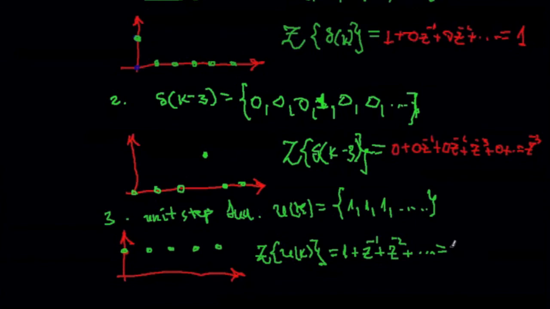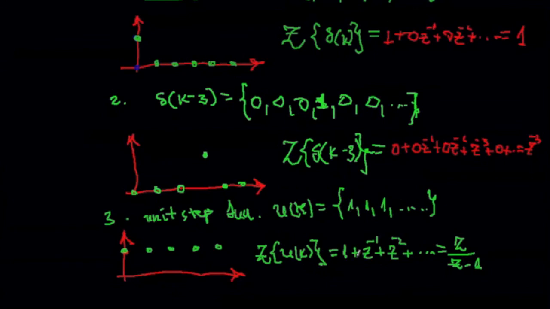Surprisingly, if we sum all of this, z to the minus 1, z to the minus 2, z to the minus 3, this finally becomes a finite expression.